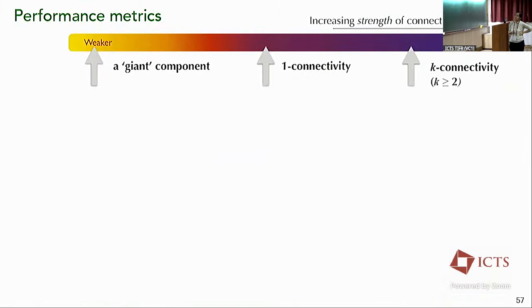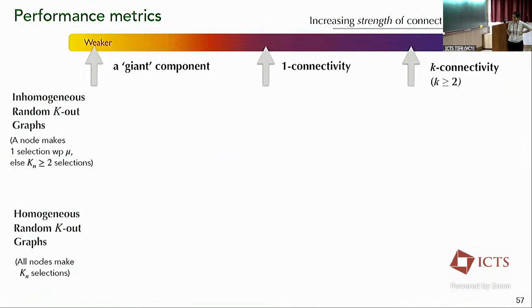So, one way to think about what properties might matter, and this is by no means an exhaustive characterization, is to say: we had the most vanilla, I'm calling it the homogeneous random K-out graph.